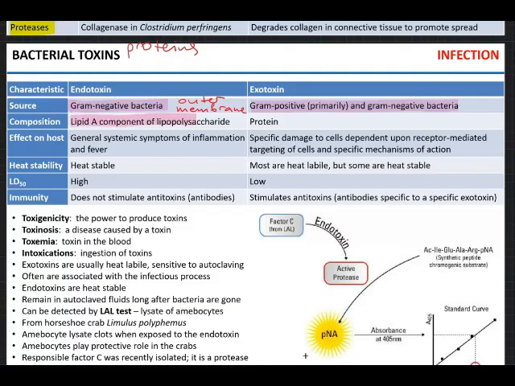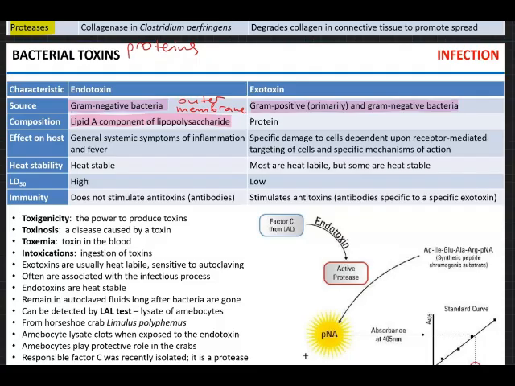It's a lipid component of lipopolysaccharide that acts as a toxin. So what it means for us is that if you take several different gram-negative microorganisms, let's say Pseudomonas, Enterobacter, Salmonella, Bacteroides, Parabacteroides, they're all going to have pretty much the same endotoxin in the outer membrane.